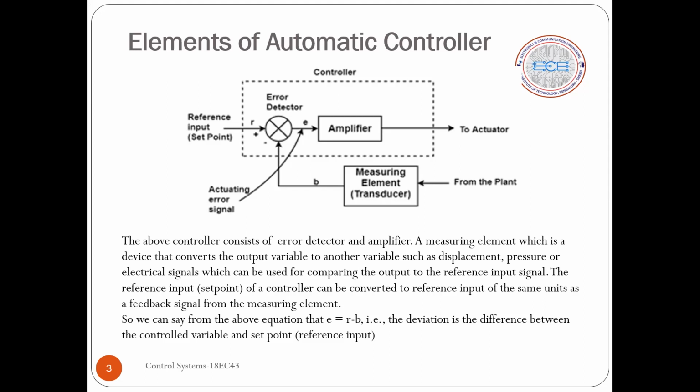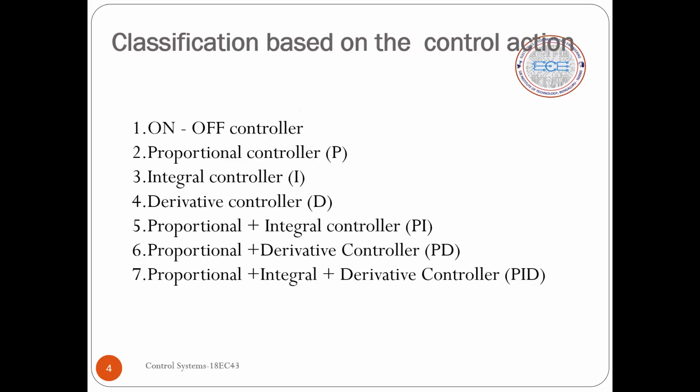So we have to perform signal conversion with a transducer, that is, any physical energy is converted to equivalent electrical energy. In the error detector, we do the electrical signal comparison. Internally subtraction is performed and the error signal is generated. So these are the essential blocks we come across in a controller.